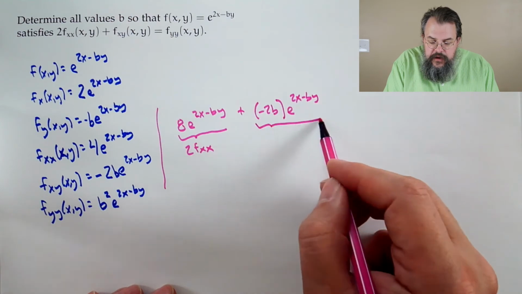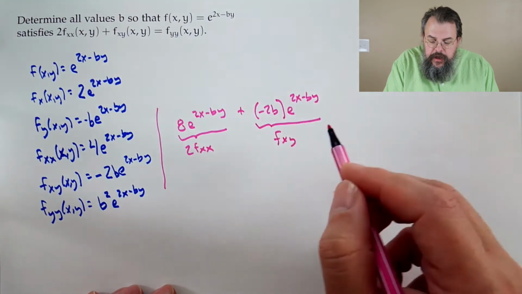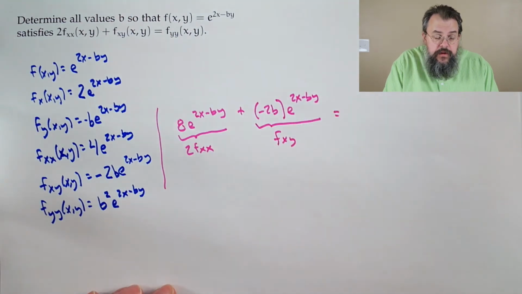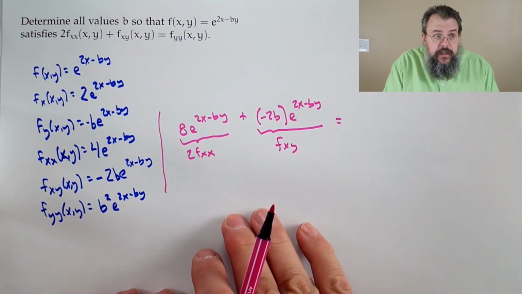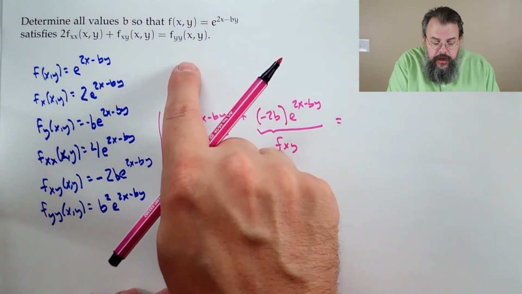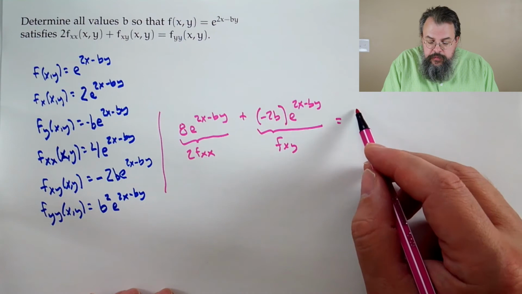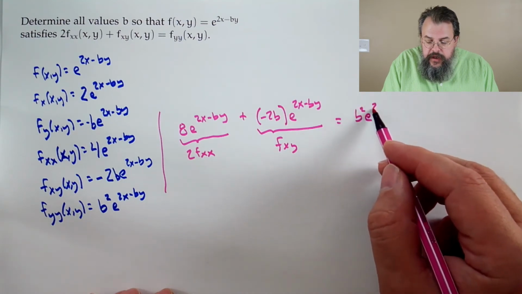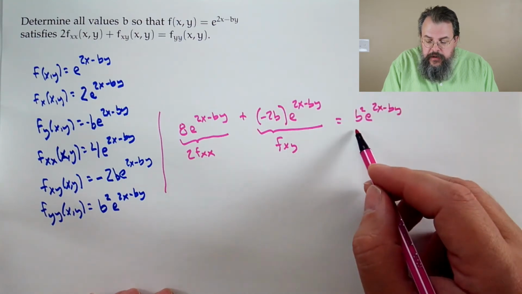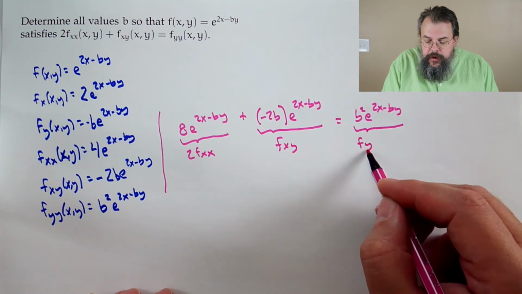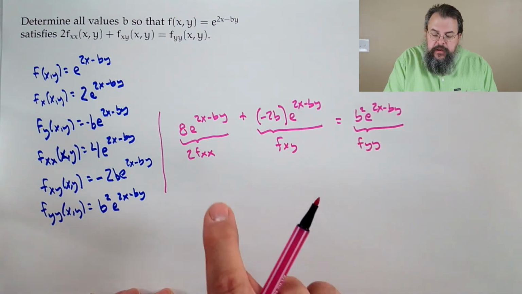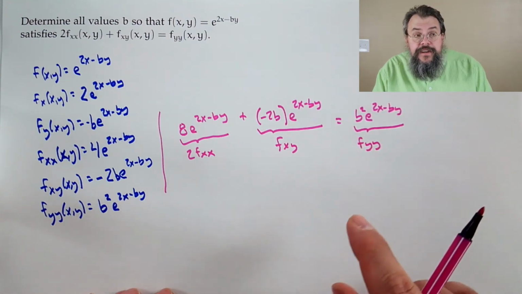And this is our, again, fxy is equal to, on the other side, we have fyy, so that's b squared e^(2x−by). So there's fyy. Okay, so we're just plugging in.